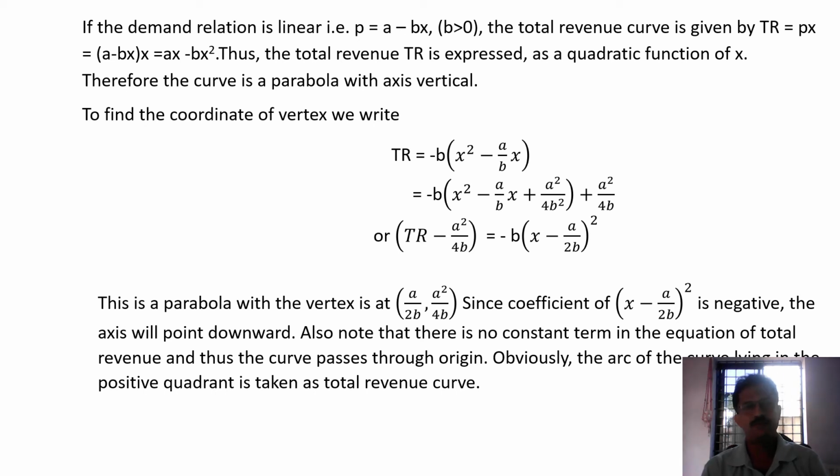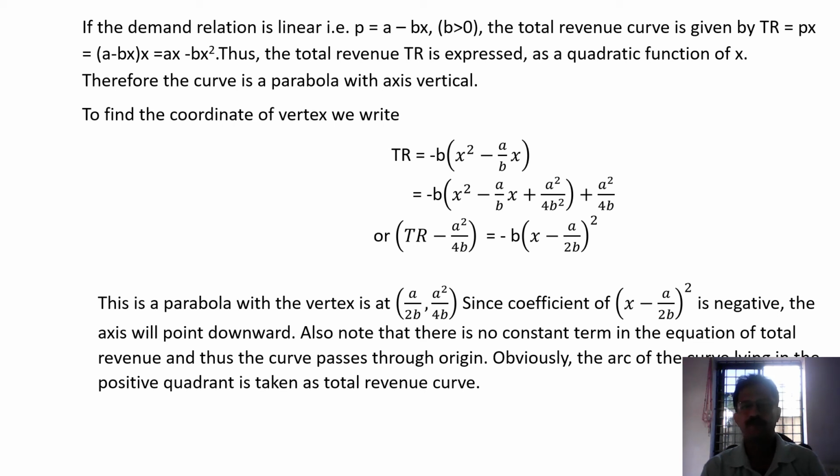Now, sometimes we need to find the coordinates of the vertex. For that we write TR equal to minus B times (x square minus (a by b) x). To complete the square, we add and subtract a square by 4b square.